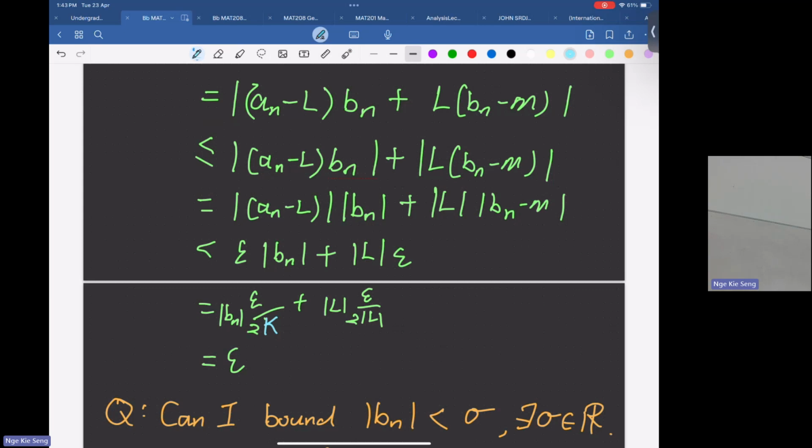What happened to this term here? This k is always greater or equal to the bound of Bn, so when you divide it, what do you get? Something less than 1. So it is strictly less than epsilon over 2 plus epsilon over 2, which is still epsilon.